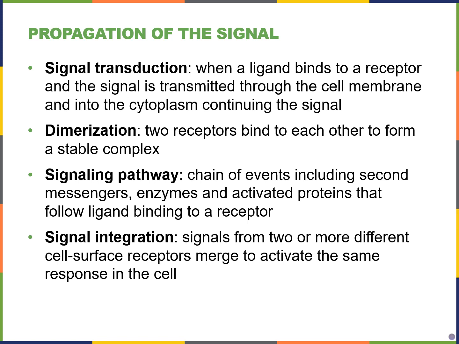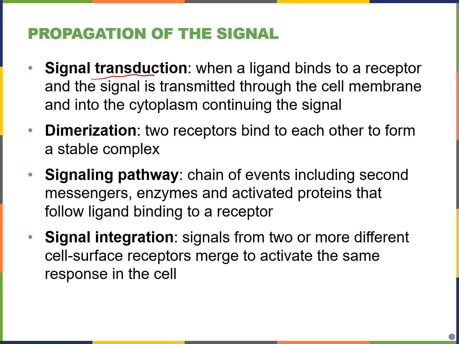Here are some vocabulary terms that are important and related to the cell signaling process. The first is signal transduction. Taken literally, transduction refers to a change in the type of energy that is received or transmitted.